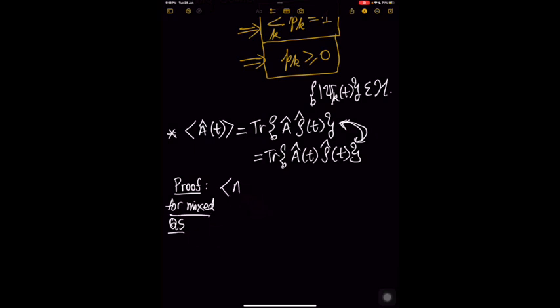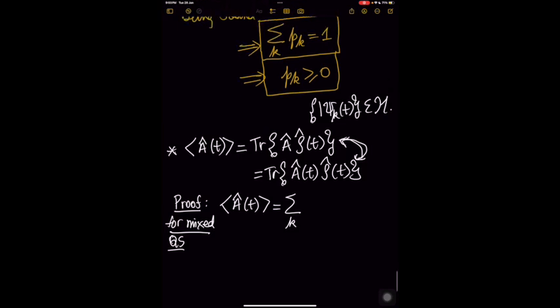So now let's think about it carefully. If I would want to calculate the expectation value of observable A, I would first consider the probability of the quantum system being found in that particular pure state.